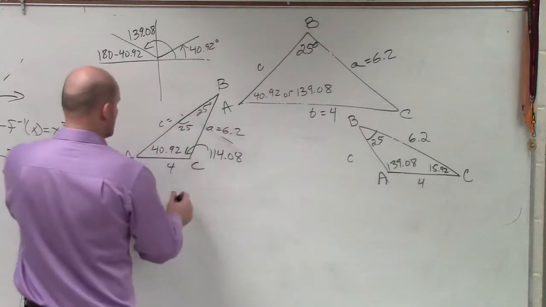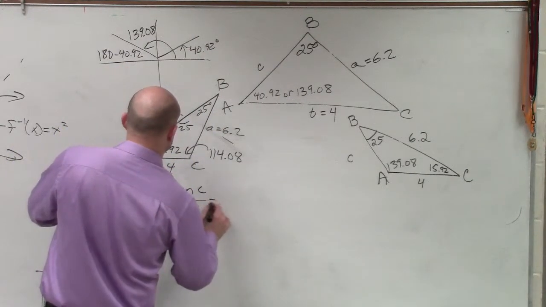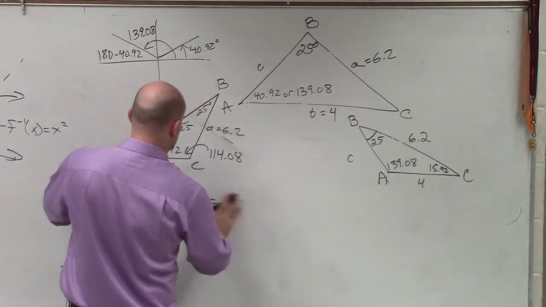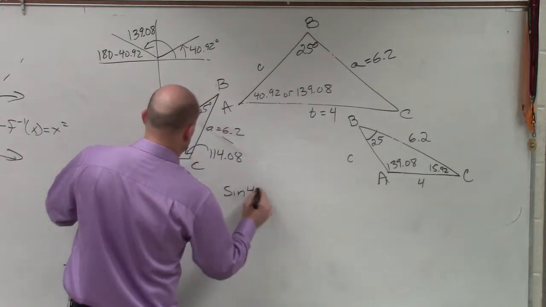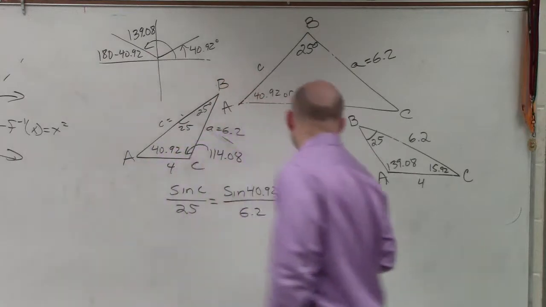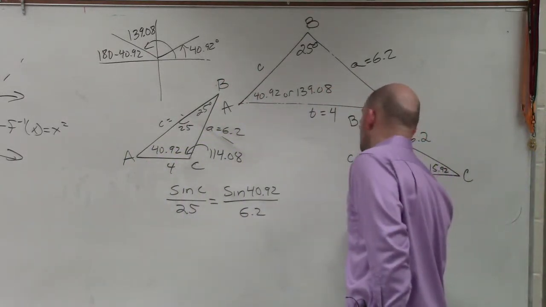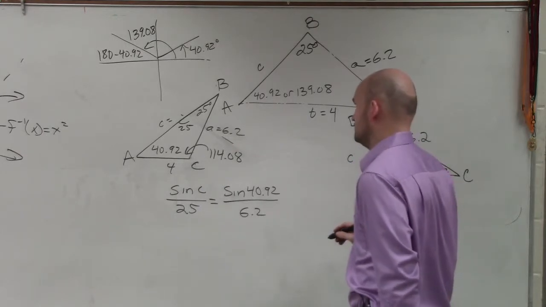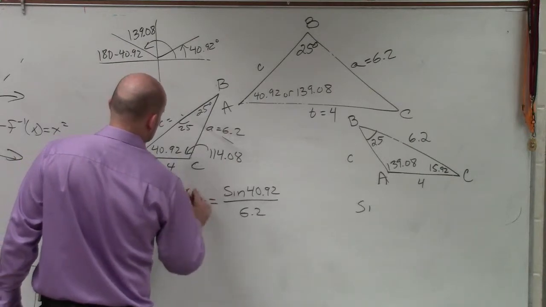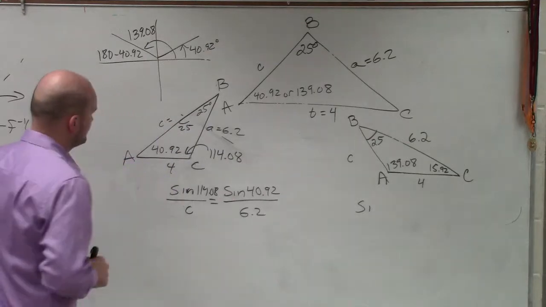So to do that, I say sine of C over 25 equals, and you can use A or B. I'll use my A, which would be sine of 40.92 over 6.2. Over here, I need to find C. Sorry.